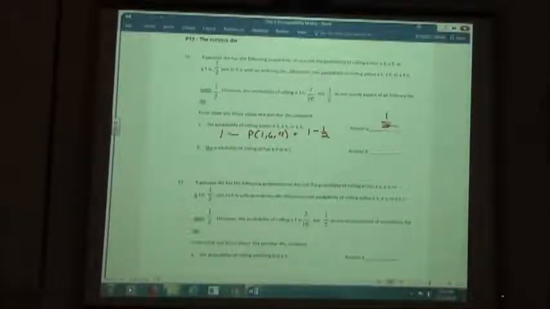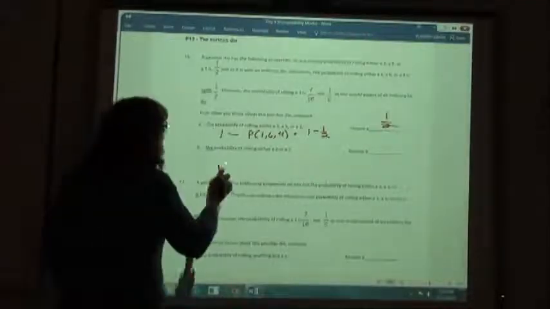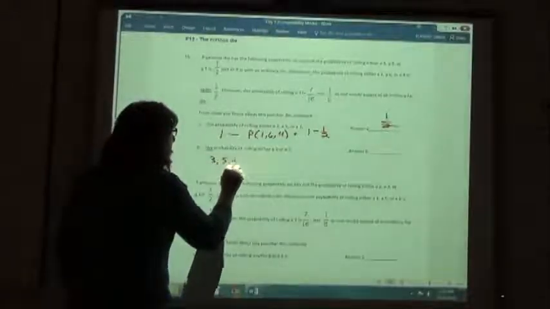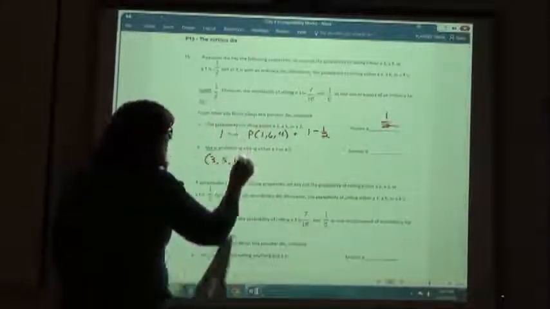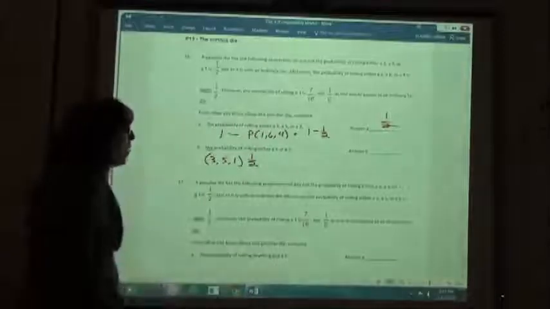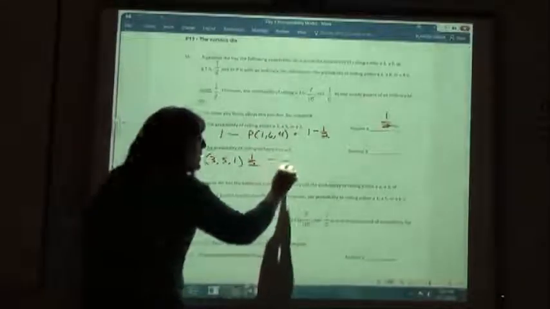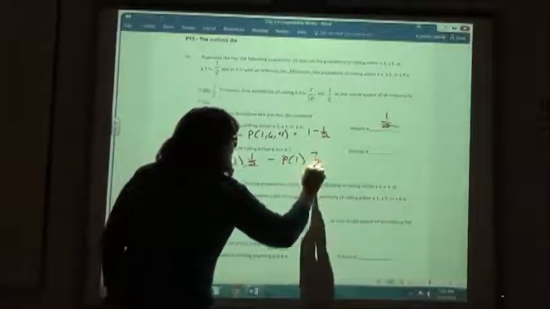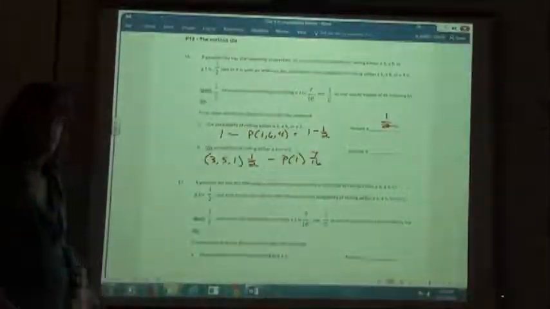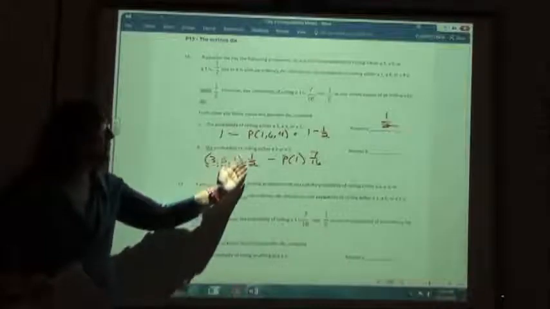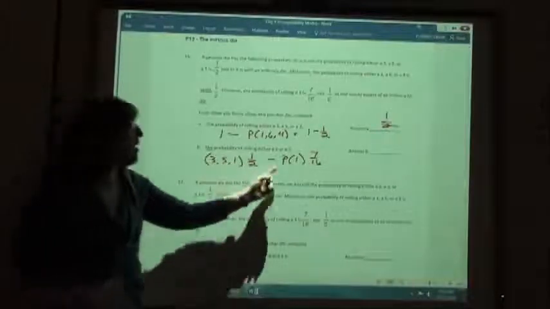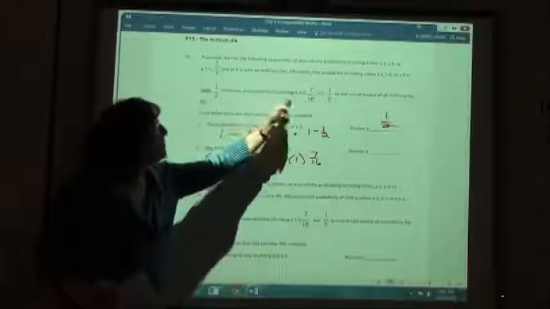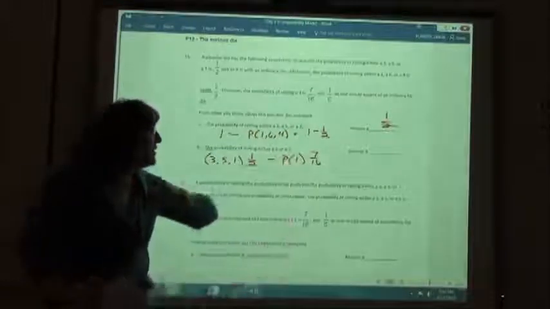Now the next one wants the probability of just getting a 3 or a 5. I know that if I'm going to get a 3, 5, or a 1, my probability is 1/2. What I want to do is subtract the probability of the 1, which is 7/16 then. So I'm going to subtract the probability of just getting a 1, 7/16.